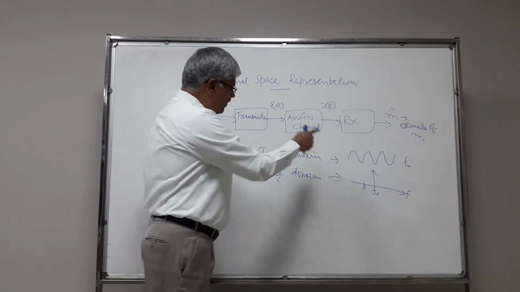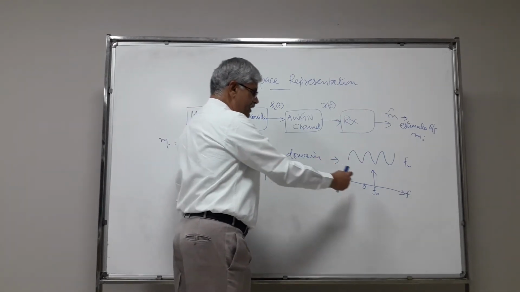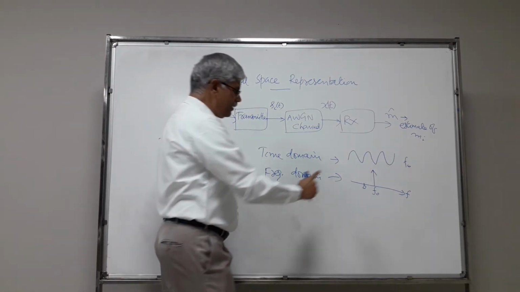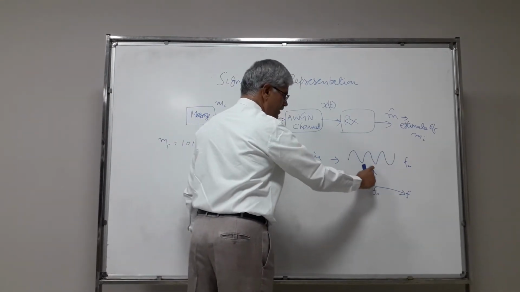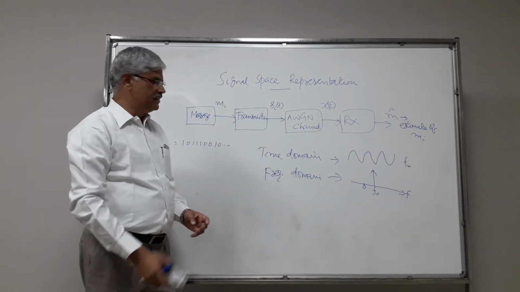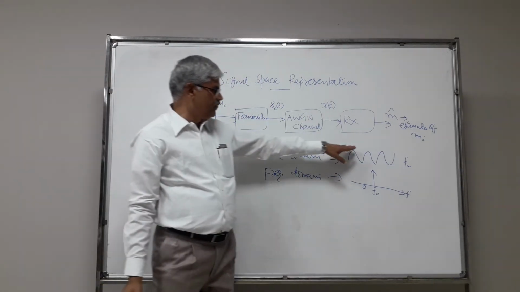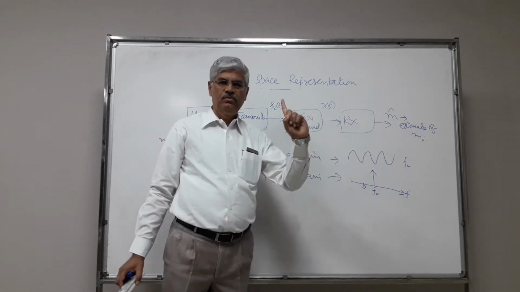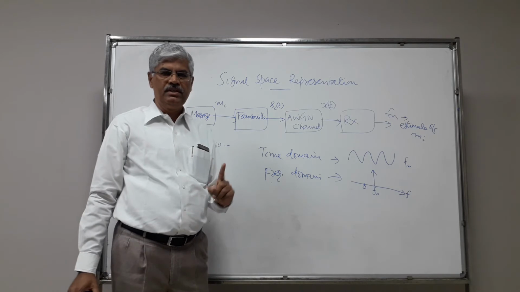Okay. The same waveform can be represented as one value at a particular frequency. The amplitude depends upon the amplitude of this waveform. So in other words, we are visualizing this waveform, or representing this waveform, in frequency domain as one value, one frequency and its amplitude.